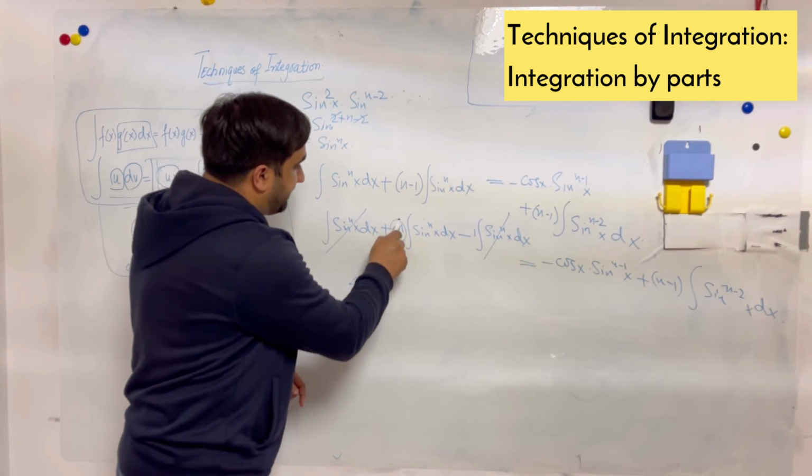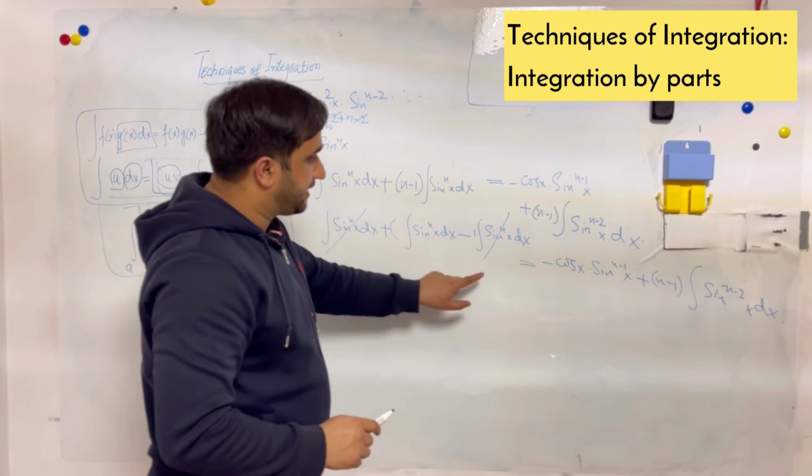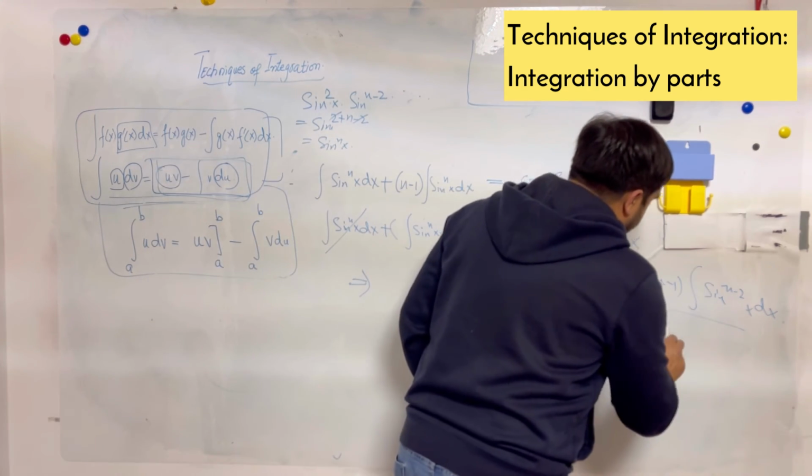So I can take this n, divide both sides with n, so this will go downstairs here.